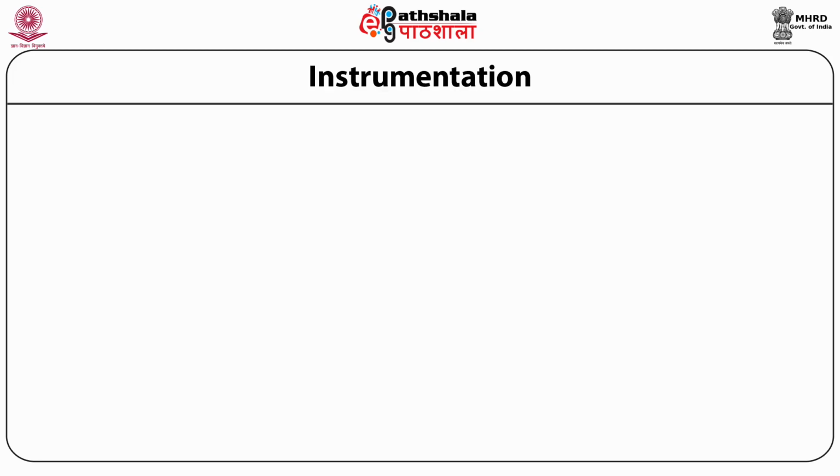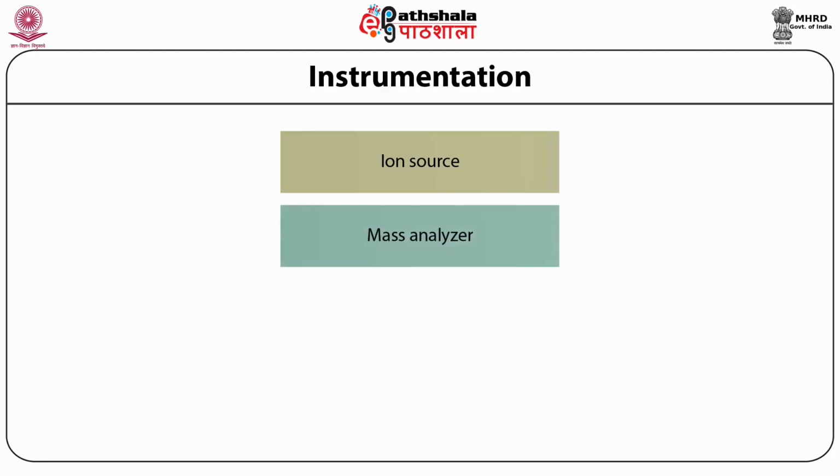The first is the ion source. Second is the mass analyzer. And the third is the detector. So there are going to be three parts. First, ion source. Second, mass analyzer. And third, detector.